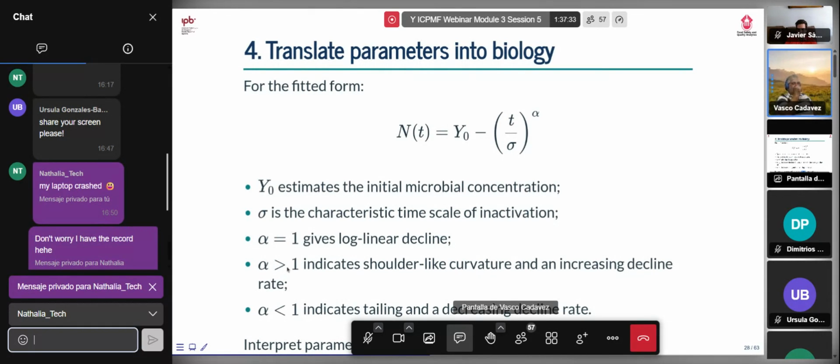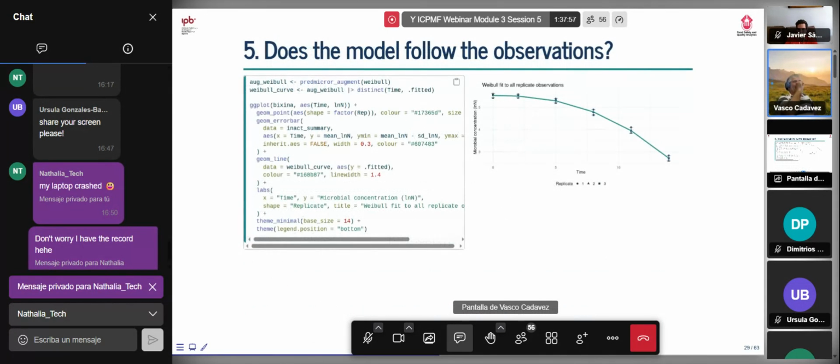If alpha is higher than 1, it indicates a shoulder-like curvature and an increase in decline. And of course, if alpha is lower than 1, it indicates a tailing, so the shape will be different, with a decrease in decline rate. Okay, so it will always be good to have knowledge about the parameters and their meaning in order to interpret the results.